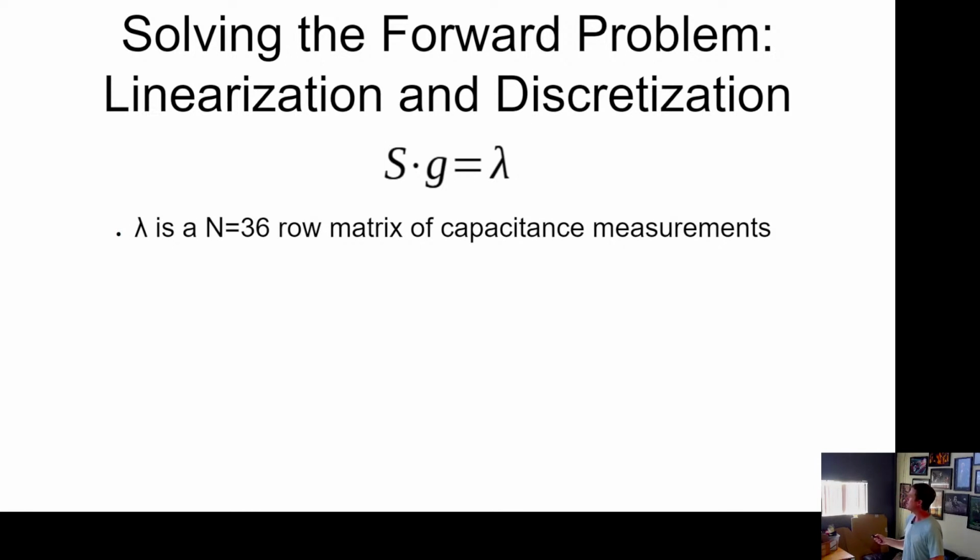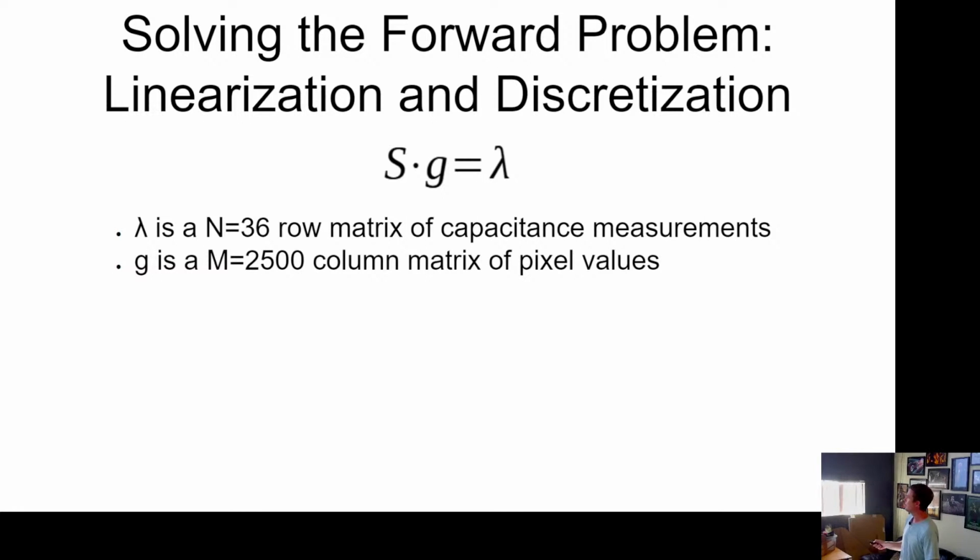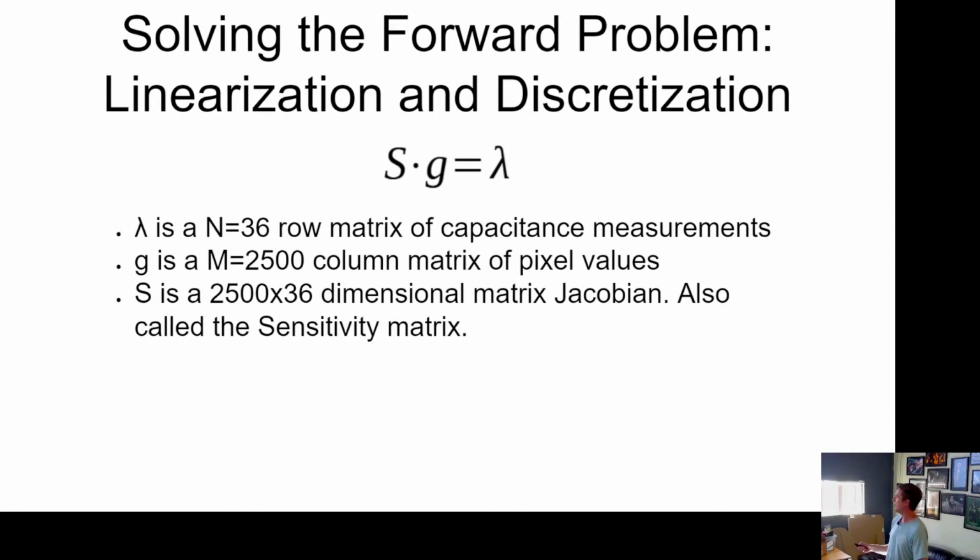So this is a matrix equation where G is our image vector. This is our 2500 pixel image vector. Lambda is our 36 row matrix of capacitance measurements, and G is our column matrix of pixel values, and S is a Jacobian matrix which relates the two.